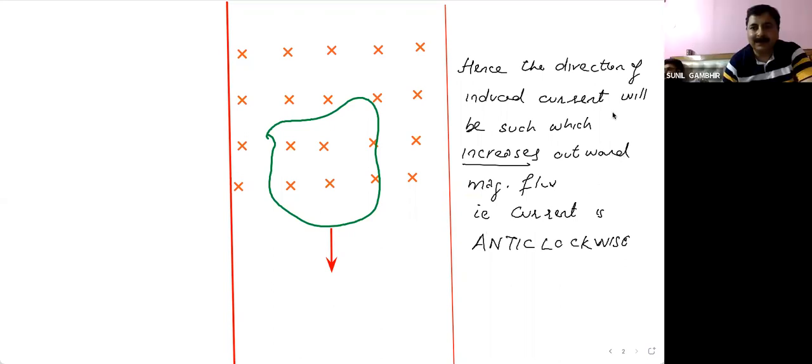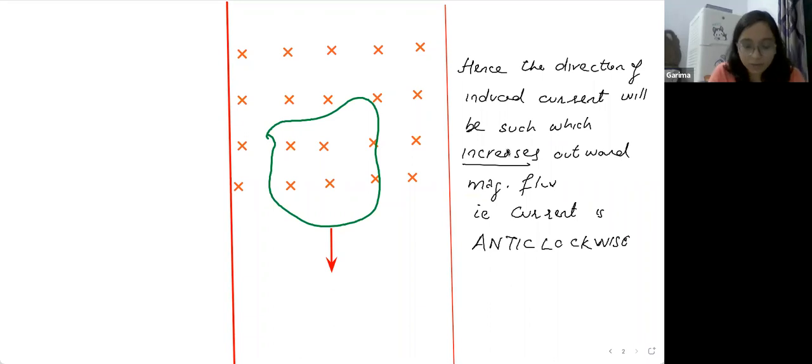Yes, Garima, you tell. Since magnetic flux is inward and the coil is moving downward, flux is decreasing. Since it is decreasing, it is variable, and thus EMF is induced in the coil. So current is induced in such a direction that the flux should be increased according to Lenz law.